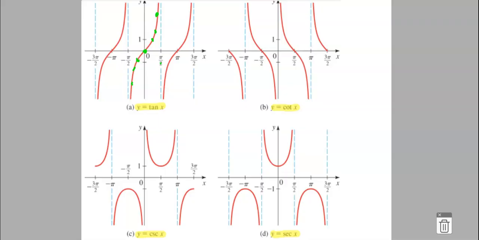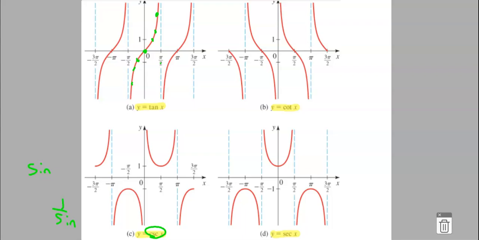Now, as far as cosecant and secant, let me explain this. Cosecant is 1 over sine. And remember, you can't have 0 on the denominator, so if you look at the unit circle, where is sine 0?